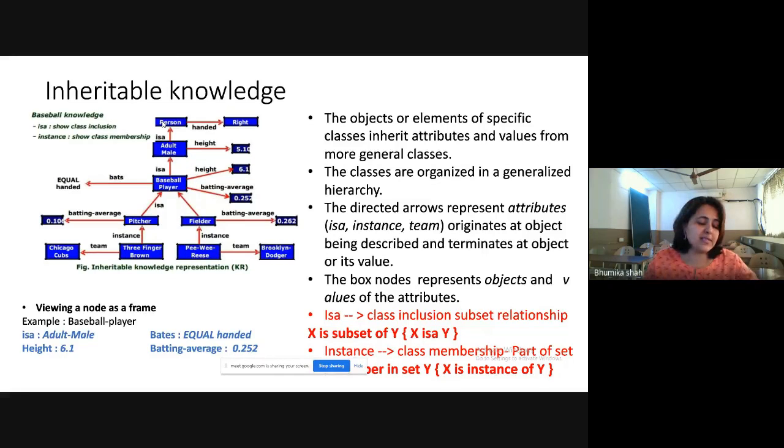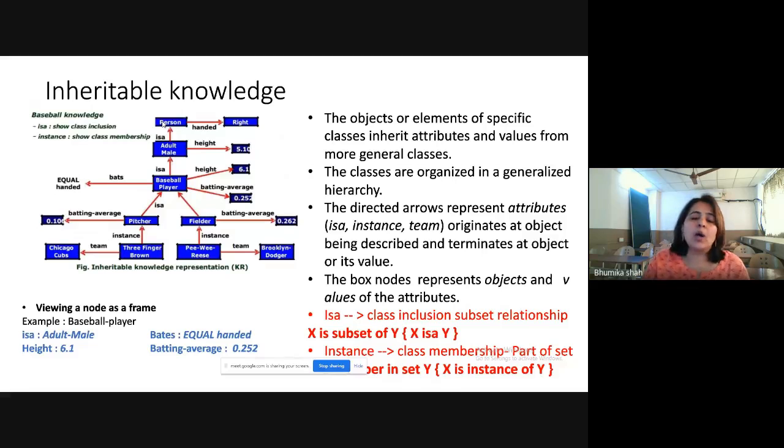Now, once this kind of relationship is available to us, how can we manipulate this? What is the advantage of having inheritable knowledge? Because of inheritance, whatever properties or attributes you don't have for a specific entity, you can inherit from the parent. And all the queries you raise are mostly going to be answered from the object you have or from the inherited values.